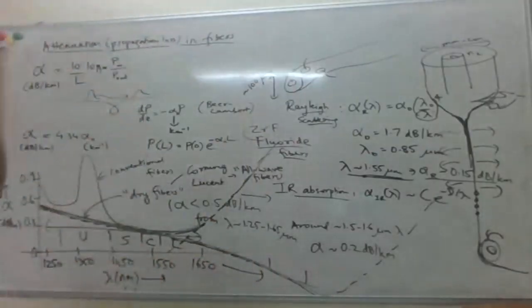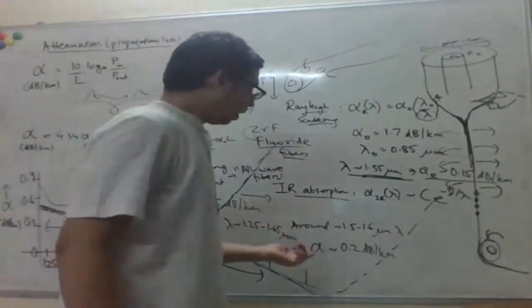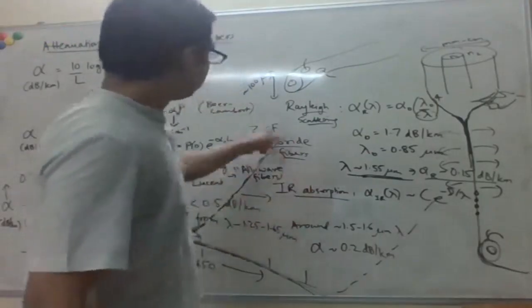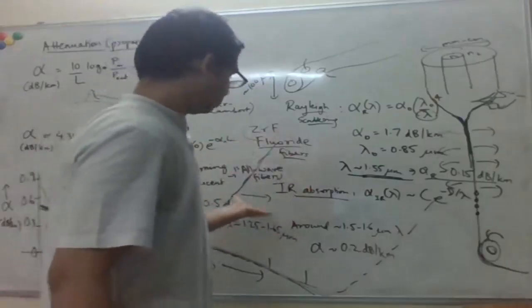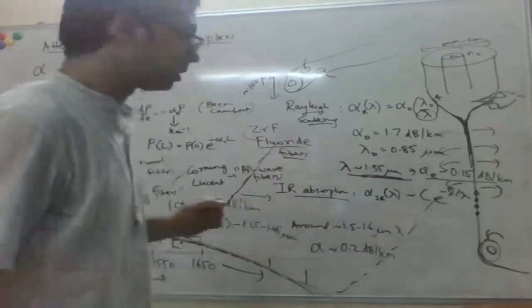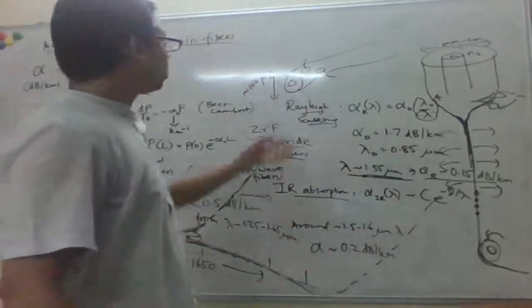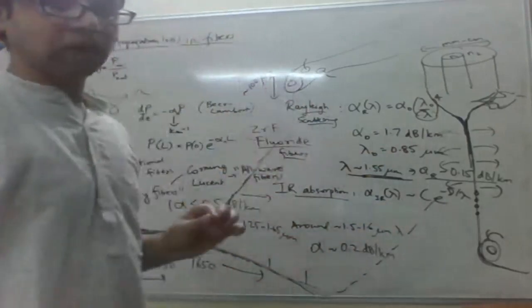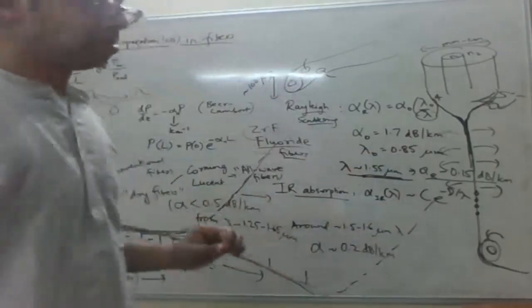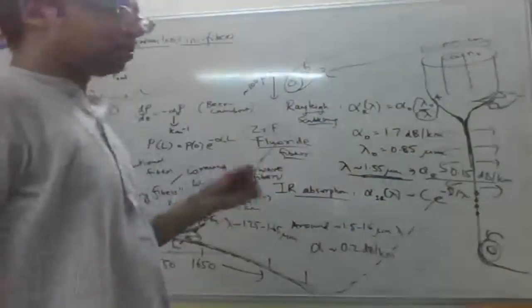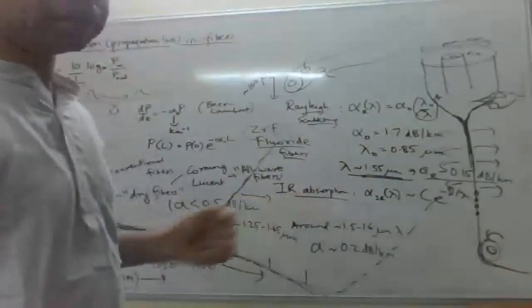So it doesn't depend on the structure. So does it depend on refractive index? No, not really. Of course, if you go to a different material, then your absorption characteristics change. But if you're just looking at optical fibers made out of glass, then they change the refractive index by doping it by small amounts. They dope the silica with, let's say, boron or phosphorus, a few percent doping at most.